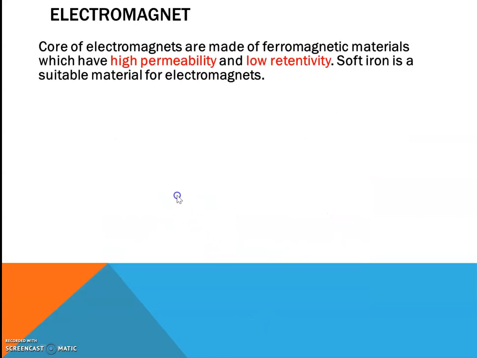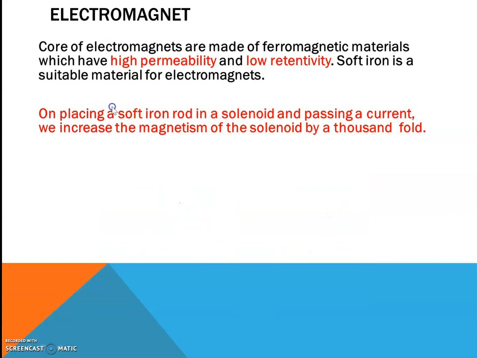That's why it is very important to have low retentivity, high permeability and low coercivity for the materials which are used inside a solenoid to make electromagnet.